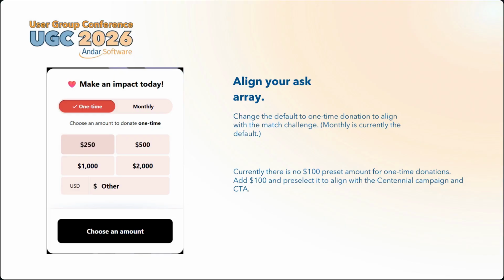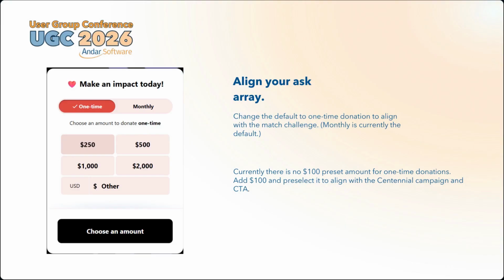We wanted to get people to donate, and then once they've donated and went through a welcome series, then at that point, upgrade them to a membership. But that wasn't the point of this particular campaign. So we made the default one-time donations instead of monthly. And then we made sure that the ask array aligned with the campaign.